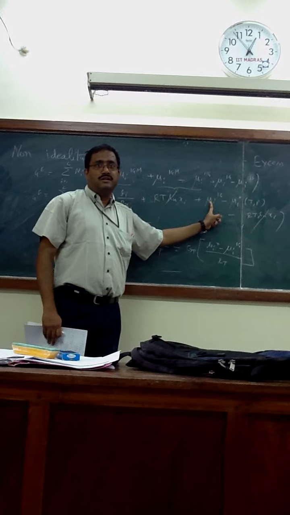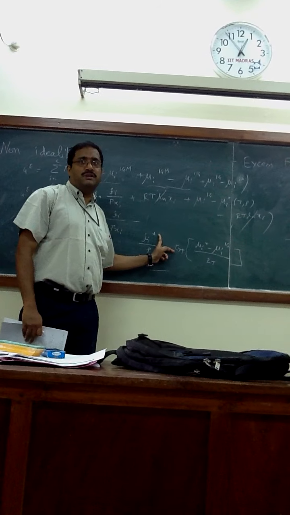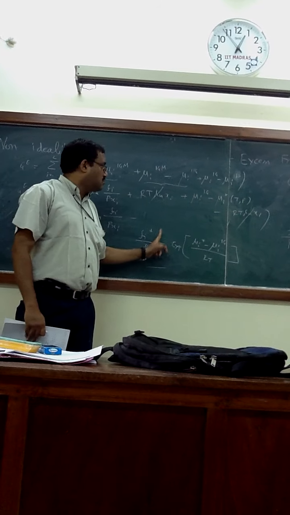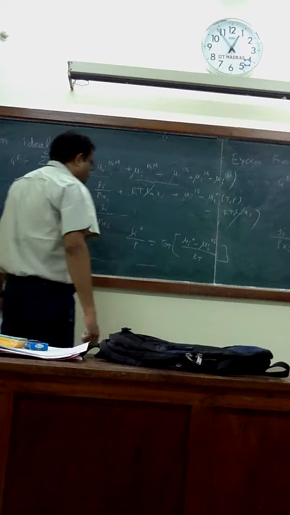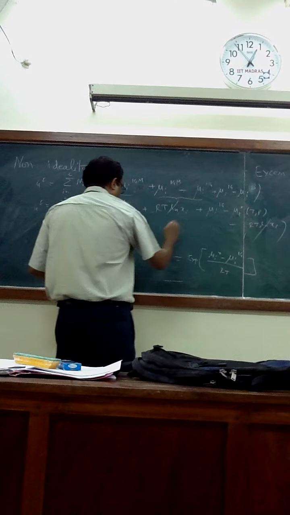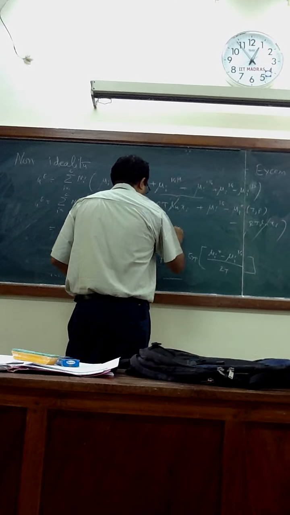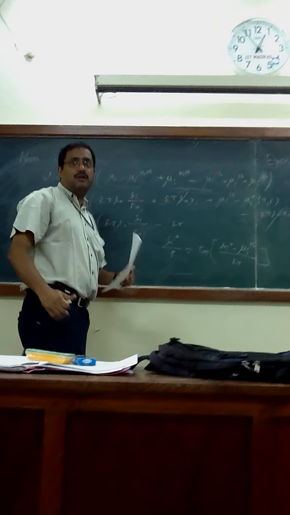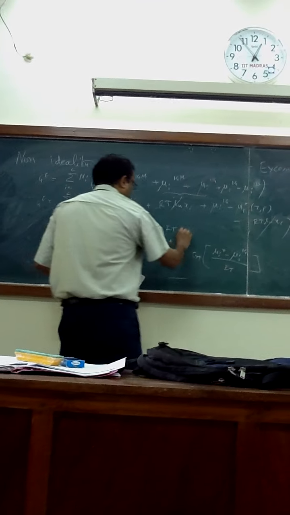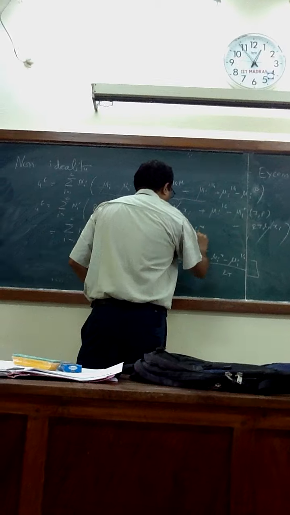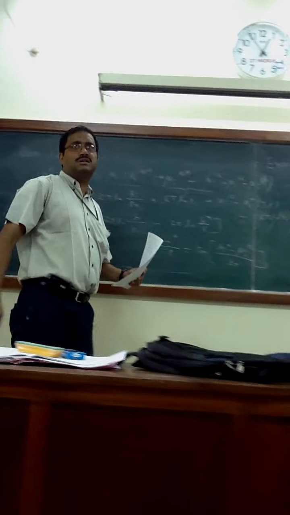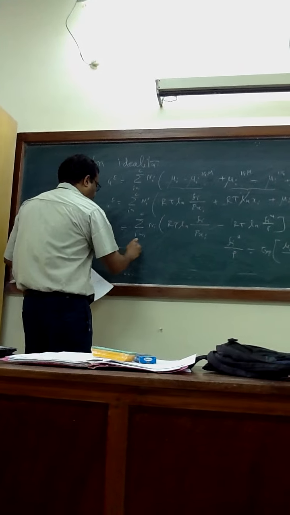Okay, so I have done this in the class earlier. This star means the pure substance. So this will be replaced by minus RT ln Fi star by P. Am I correct? Yes. What did you get finally?